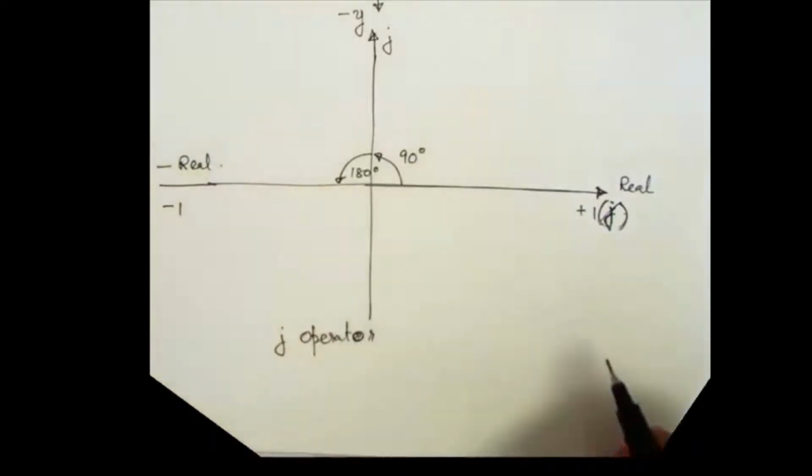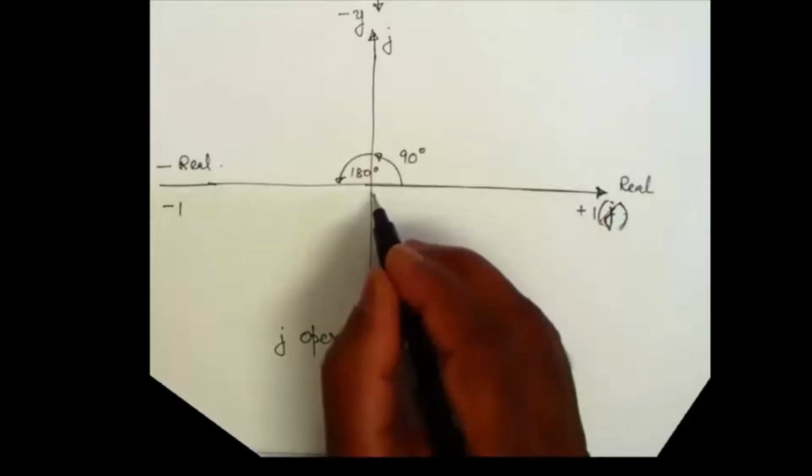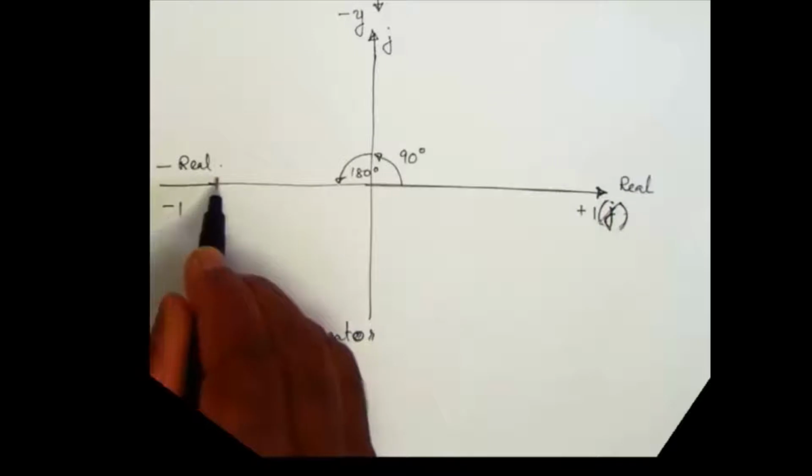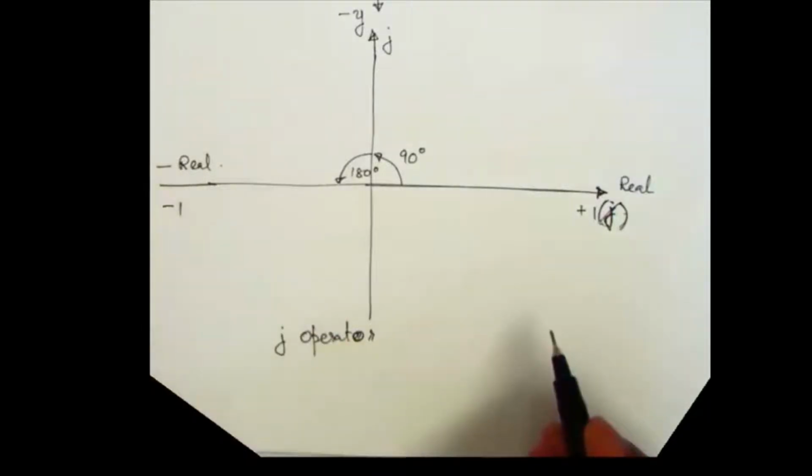So when it turns 180 degrees, we see that it's coming to this negative real axis.